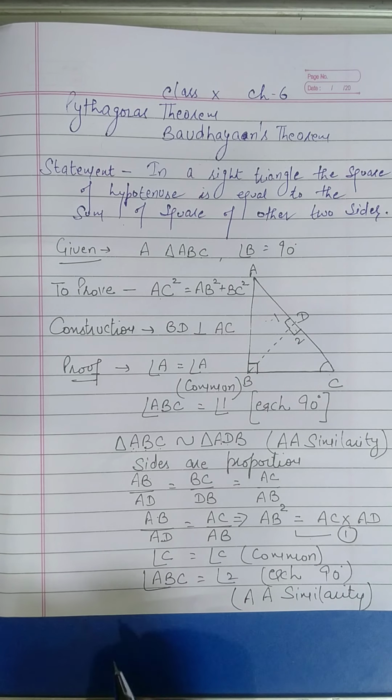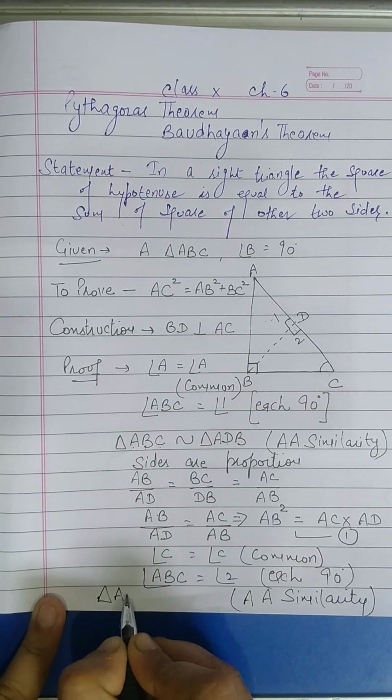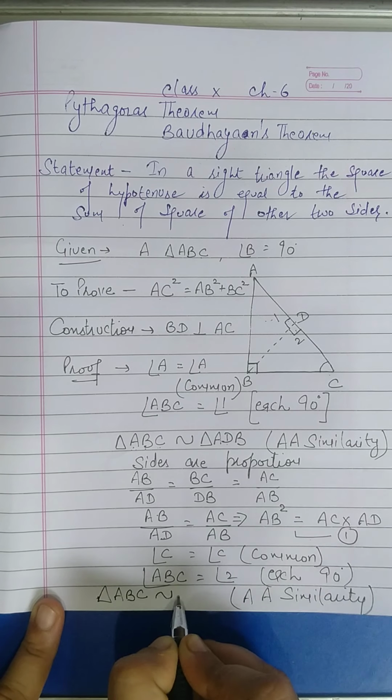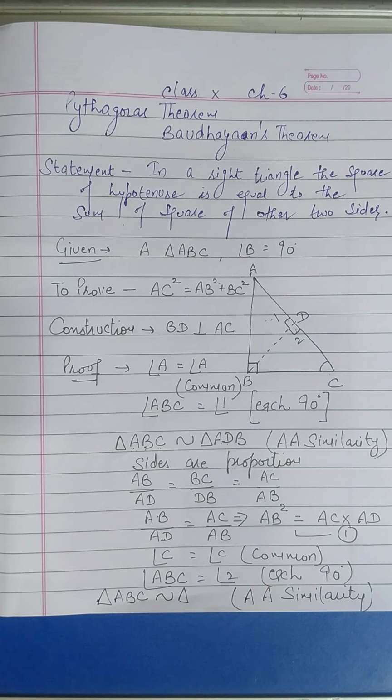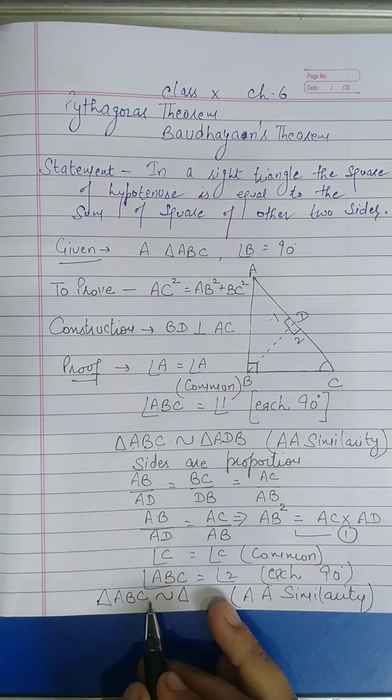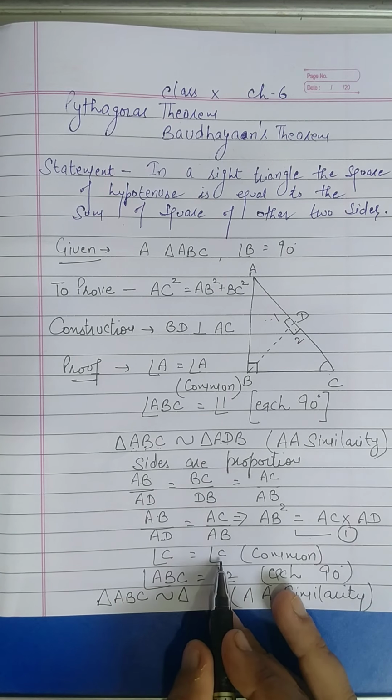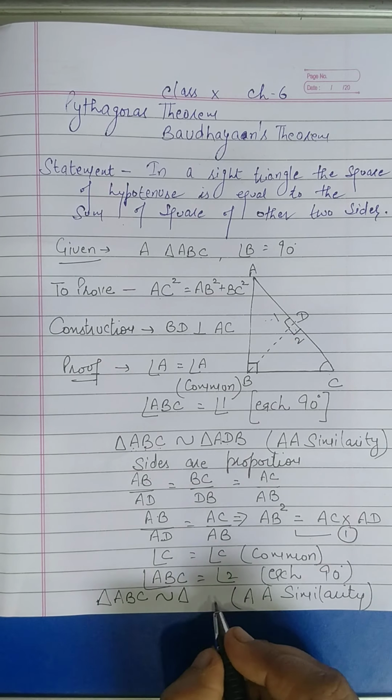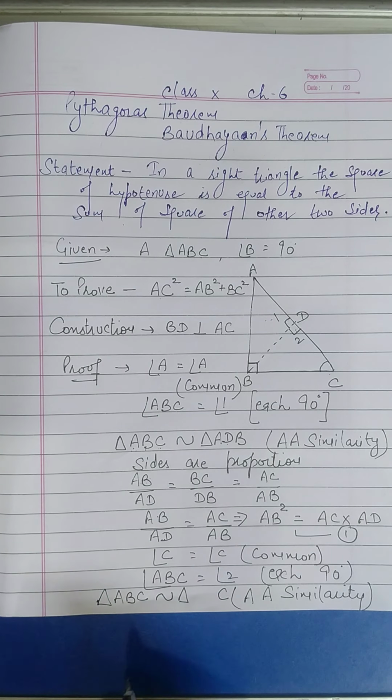Now let's write the name. The name of the first triangle I have written ABC. But while writing the name of the second triangle, we have to check the corresponding angle. We know angle C is equal to angle C. It means C is at third position. So I have to write C at third position.